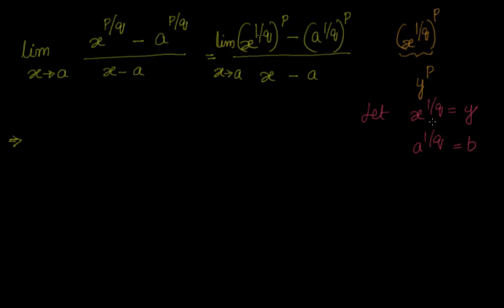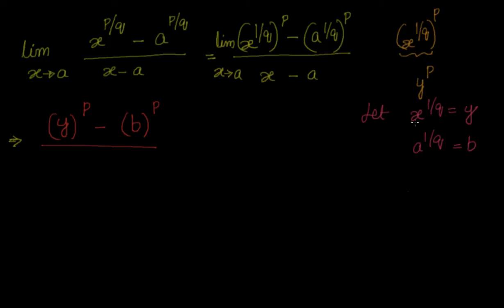We know x to the power of 1 by q is equal to y. So I can write it as y to the power of p minus b to the power of p divided by, what is x? X is nothing but equal to y to the power of q. How do we know that?